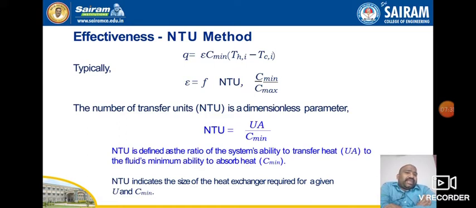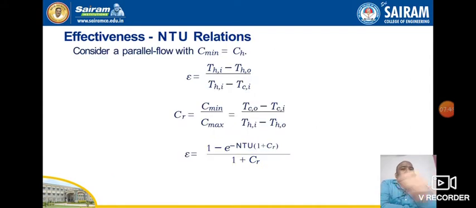It is defined as the ratio of the system's ability to transfer heat to the fluid's minimum ability to absorb heat. The significance of this NTU is that it indicates the size of the heat exchanger for a given overall heat transfer coefficient and C minimum.